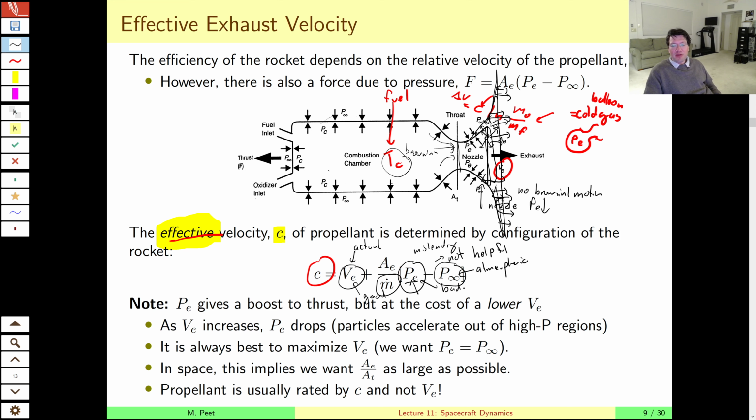But generally out in space, of course, the atmospheric pressure is zero, right? So we don't have this effect.